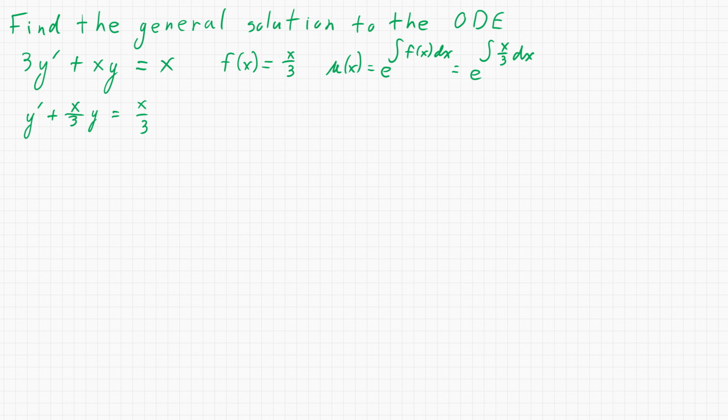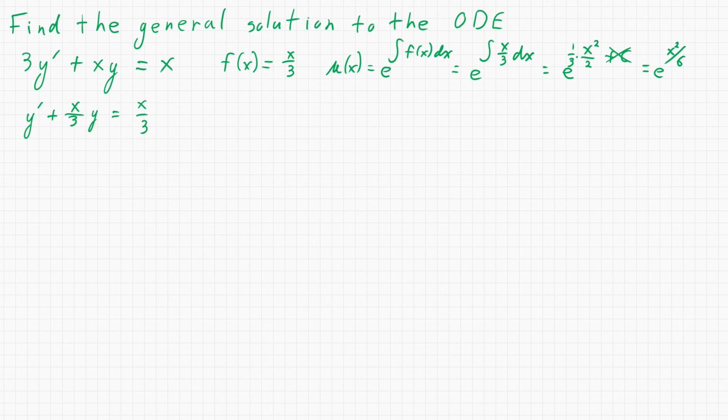So that ends up being e to the, let's see, what is that? So x squared, and that's going to have a 2 and the 1/3 from before. And then the plus c we can drop. So that ends up equaling e to the x squared over 6. All right, so that's our integrating factor.